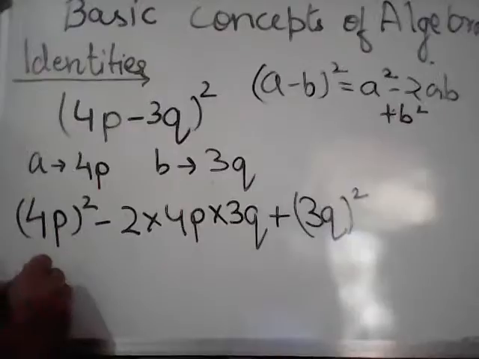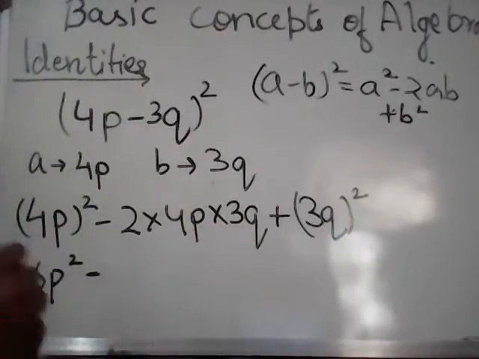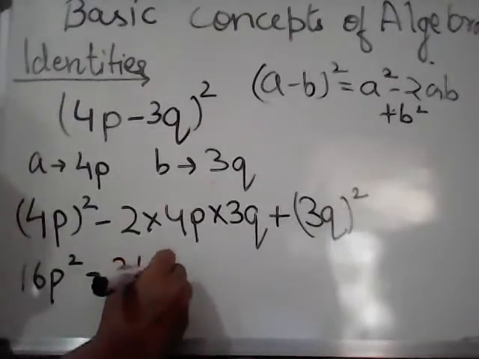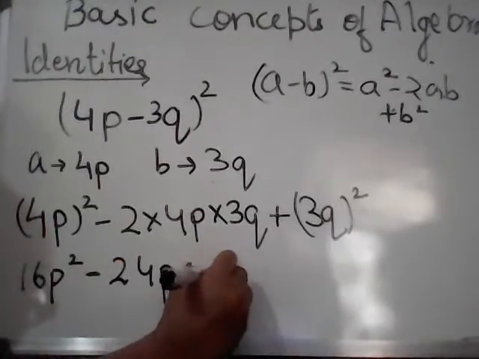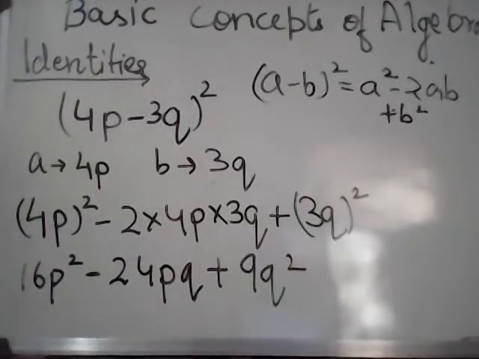It will be 16p square minus 24pq plus 9q square. So we have got the answer as this. Okay. This is how we have done this question by using the identity.